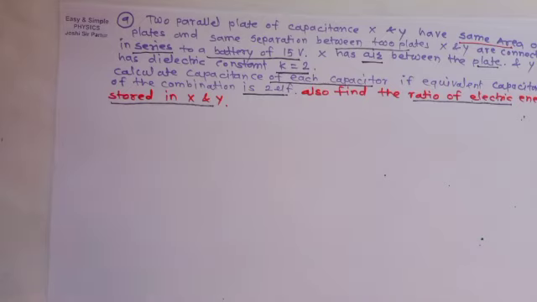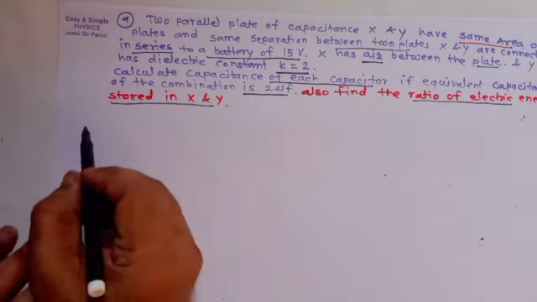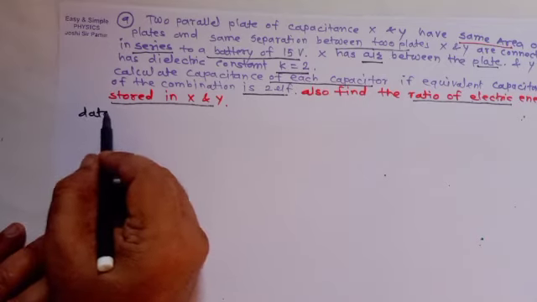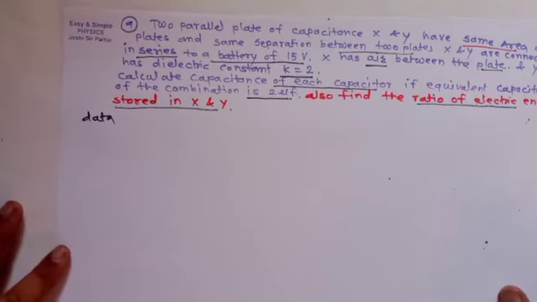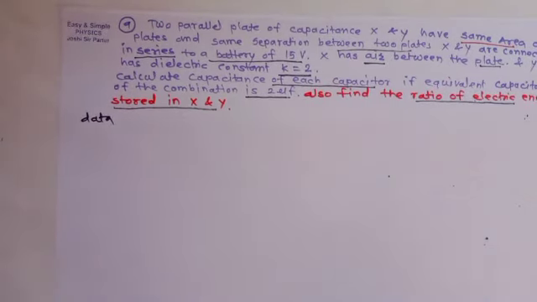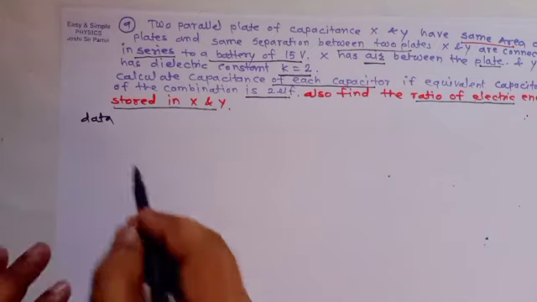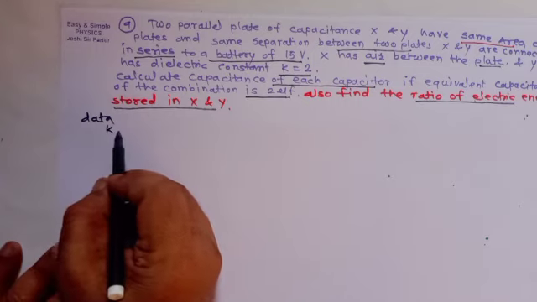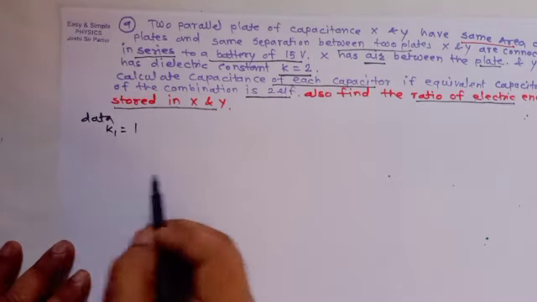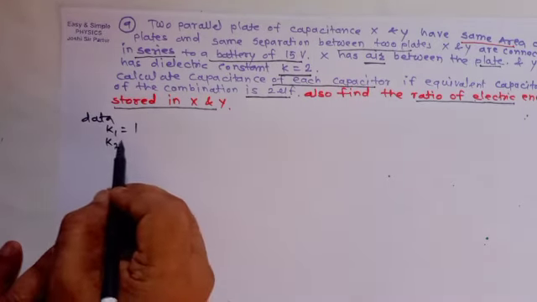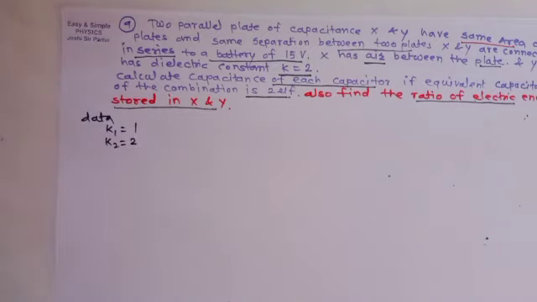Here we can write the data. For this question, K1 is equal to 1, whereas K2 is equal to 2. Two mediums are there: one is air and the other has dielectric constant 2.